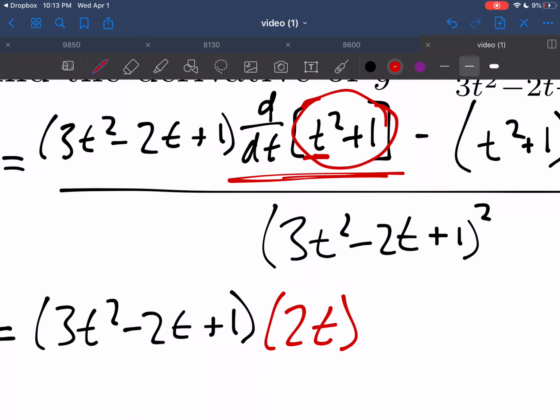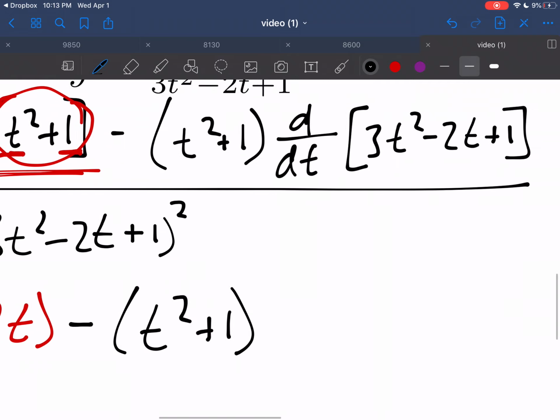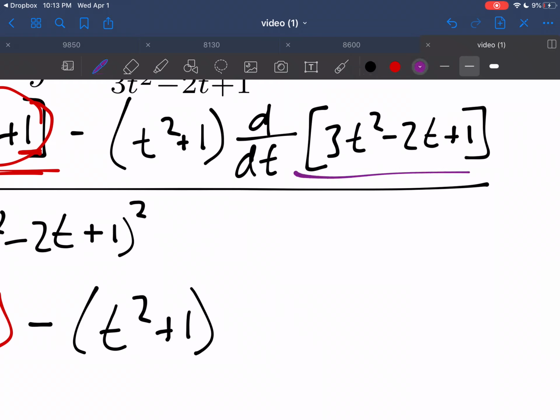Okay, plus the derivative of 1, which is just 0. Okay, minus t squared plus 1. Derivative of this one, and this one is still just a sum and difference. We still just take the derivative step by step.